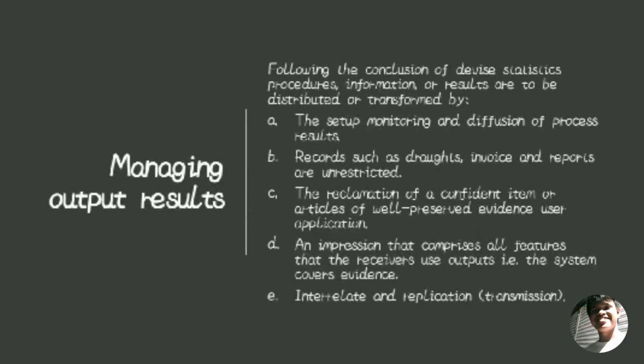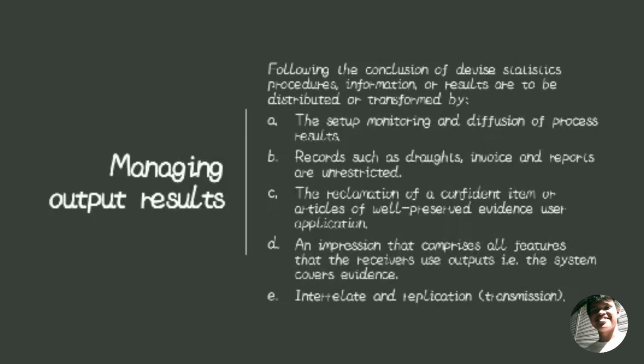Managing output results. Following the conclusion, the statistic procedure information or results are to be distributed or transferred by: A, the setup, monitoring, and diffusion of process results. Second one is records such as drafts, invoices, and reports are unrestricted.